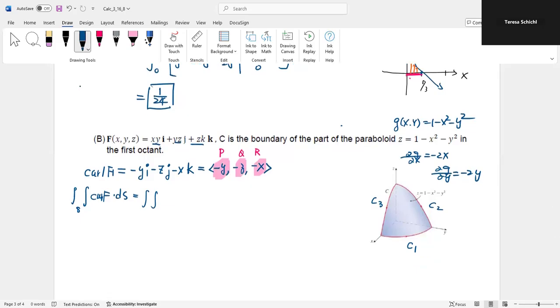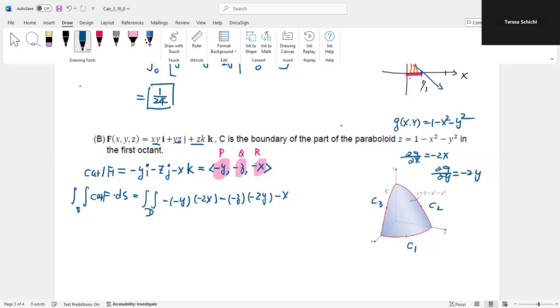Now negative P is negative negative y, and the partial g partial x is negative 2x. You see, they change everything back to x and y. Then minus Q, Q is negative z, then the partial g partial y is negative 2y, and plus R, R is negative x. That really looks pretty good, right?